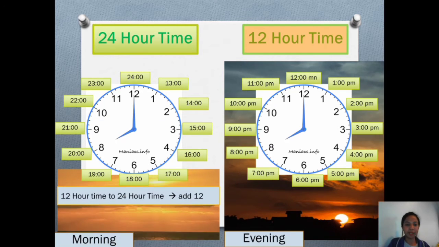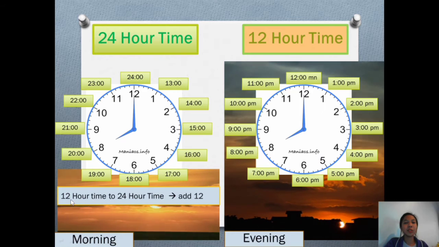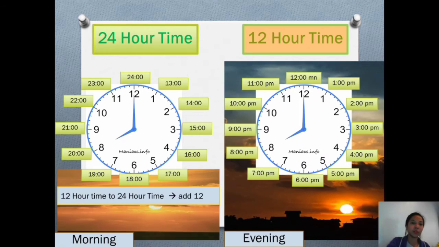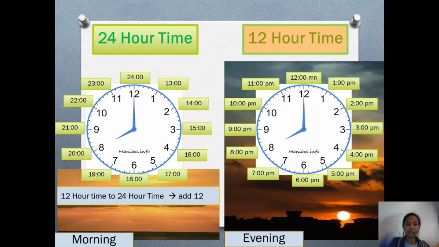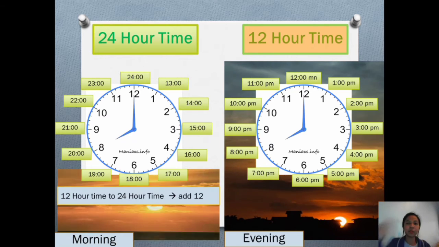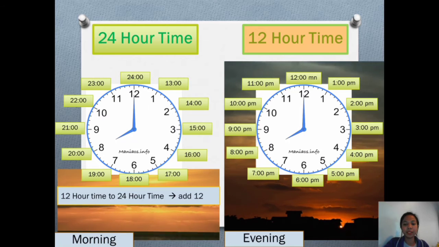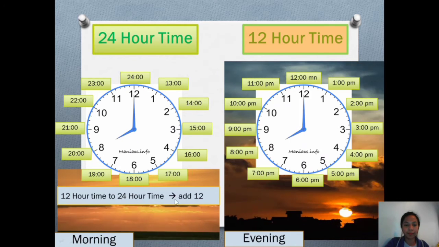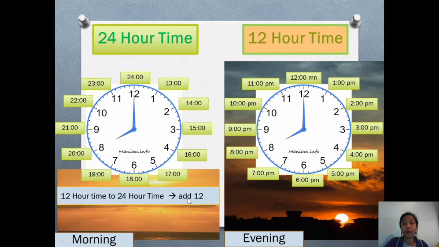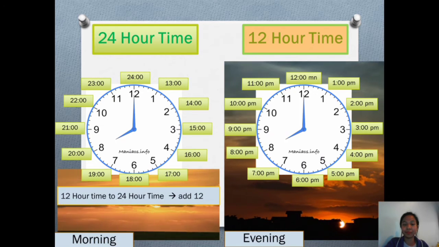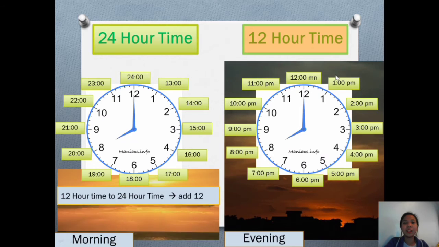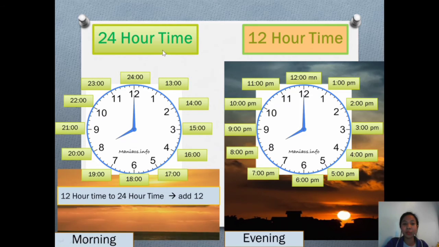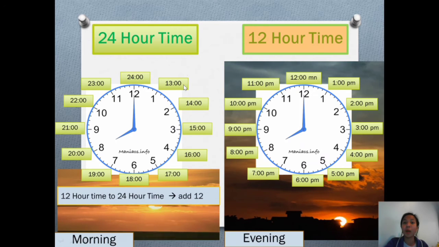So to sum it up, let's convert 12-hour time to 24-hour time, or vice versa. To convert 12-hour time to 24-hour time, always add 12. Let's say 1 o'clock p.m. To change it to 24-hour time, just add 12.